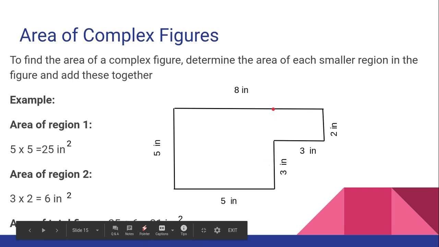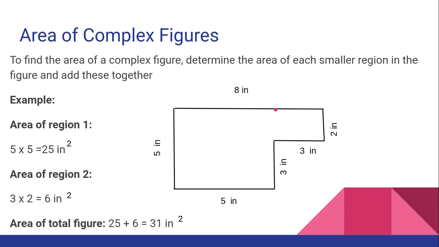Here we go. Okay, so let's pretend we're cutting it off right here. See that? So now we're left with this square. We're not going to use this 8 here because the 8 is this big line here, and we don't want to know this part because it's not part of our square.